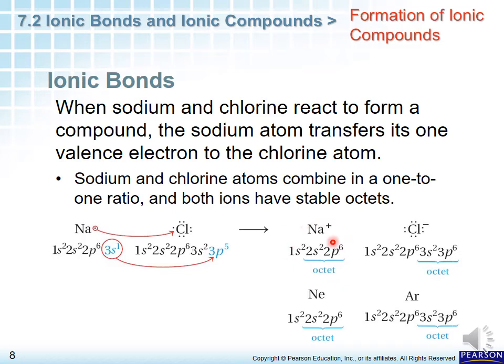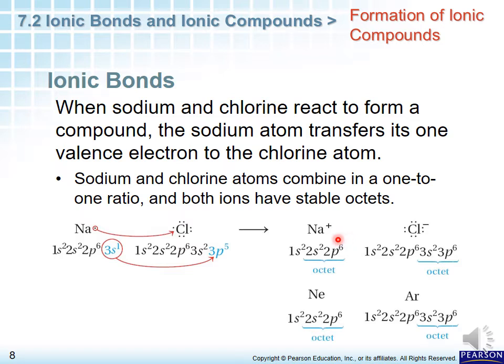So this one is called the cation and this one is called the anion. Sodium ion, after losing the electron, completes the octet and gains the electronic configuration of neon. Same thing, after gaining one electron, the chloride ion gains the configuration of argon and completes the octet. So after losing and gaining electrons, they become stable.